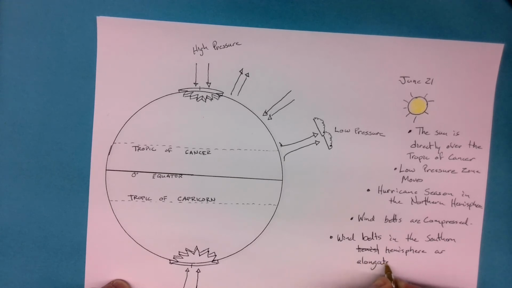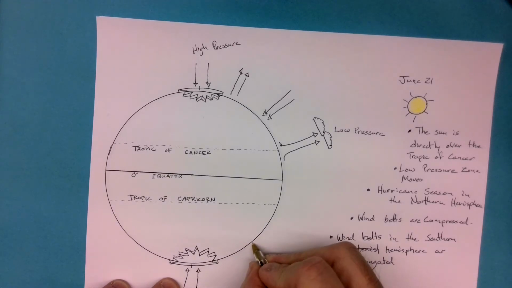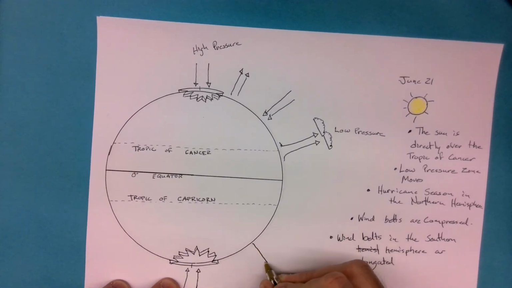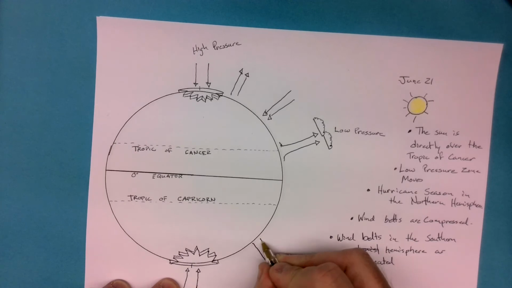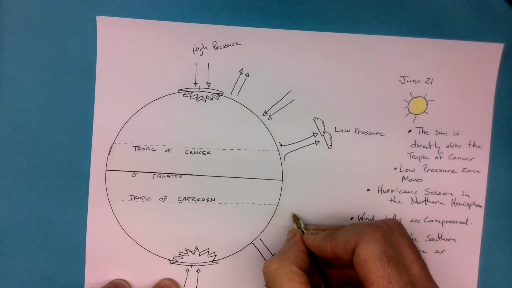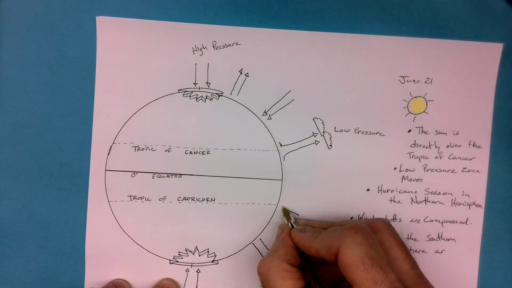Okay, and so this low pressure zone moves down or toward the equator, and this high pressure zone moves toward the equator too.